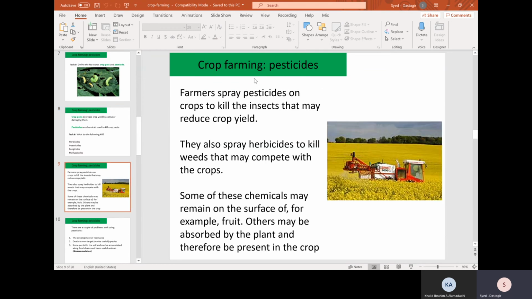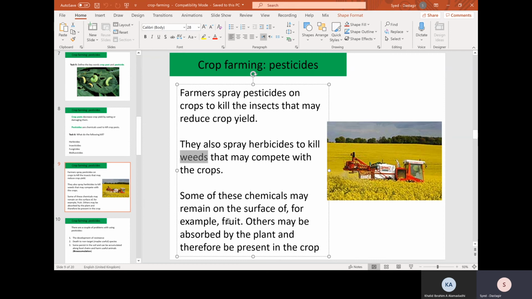Okay, so now pesticides. Farmers spray pesticides on crops to kill the insects that may reduce the crop yield. They also spray herbicides to kill weeds. Now, weeds are the plants that we don't want because they form competition for the crops that we want to grow.